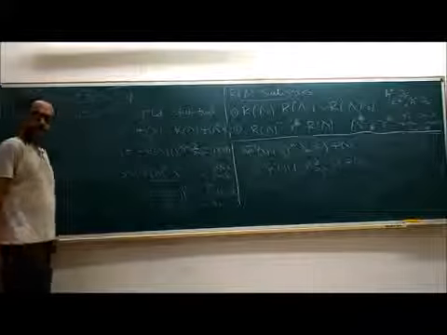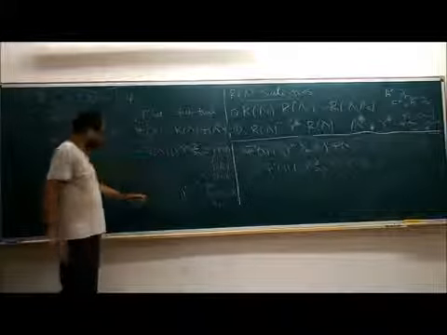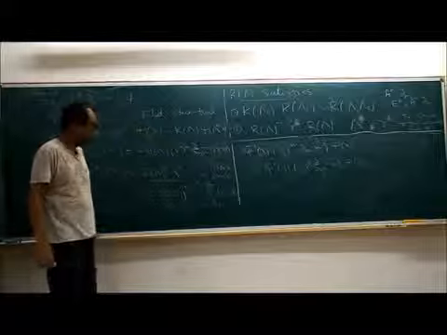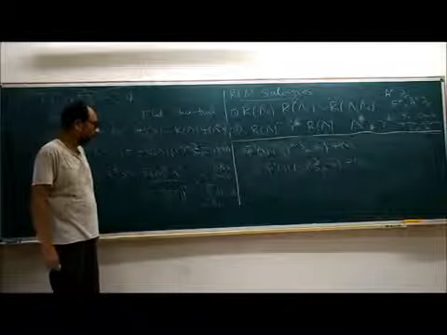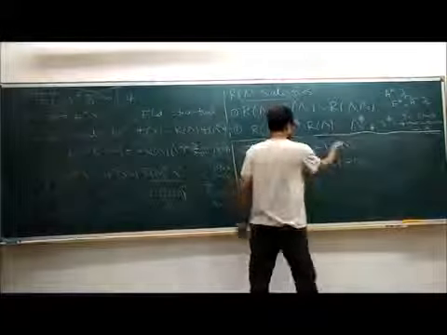Then what do you have to show in the exercise? That this R lambda dagger gamma naught is gamma naught times R lambda inverse. Sorry, it should be psi bar. Yes, thank you. This is psi bar.